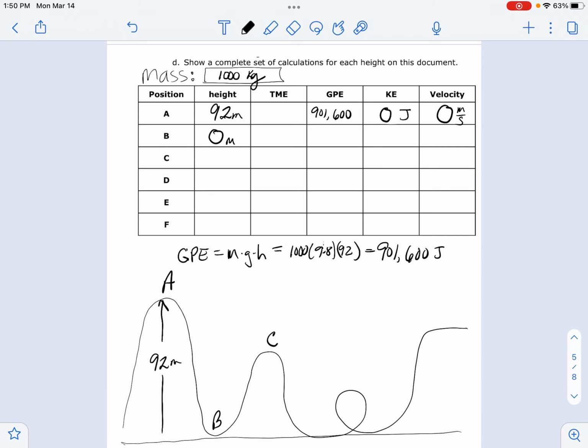So I'm going to put 0 in there. If I take my kinetic plus my potential to get my total, I know that my total is 901,600. Like we said at the beginning, your total energy is the same for the entire ride, so I'm going to put in this number all the way down.